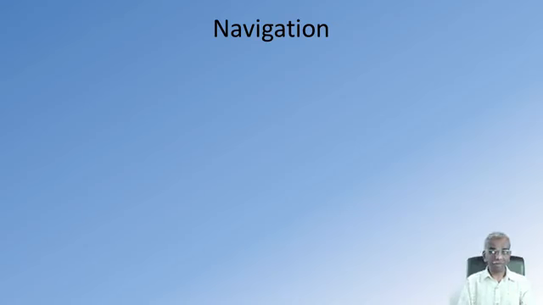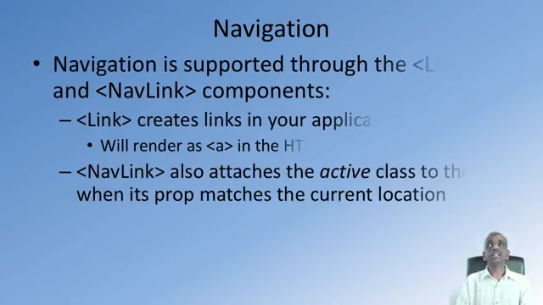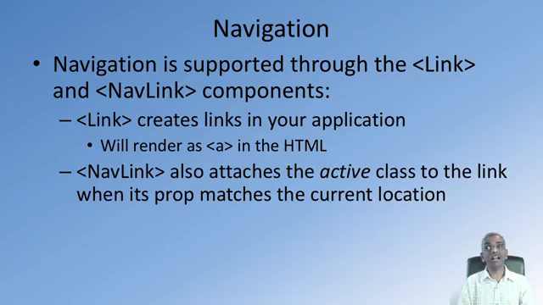In a web application, you use the link or the nav link component that is provided by React Router, which enables us to specify the link for the various quote-unquote URLs and the corresponding views within your application. So when you use a link tag, then it'll render it as an A in the HTML, and so a click on that will enable you to navigate to that particular view within your React application.